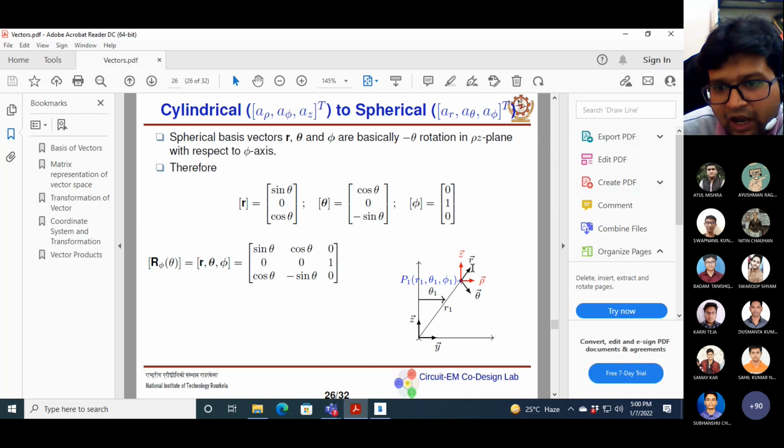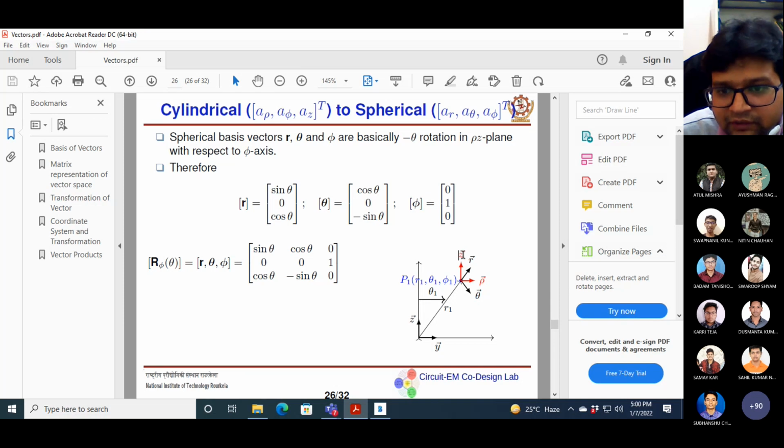This rho is rotated by an angle theta, and this z becomes R. Sorry, in the previous case I told you wrong.